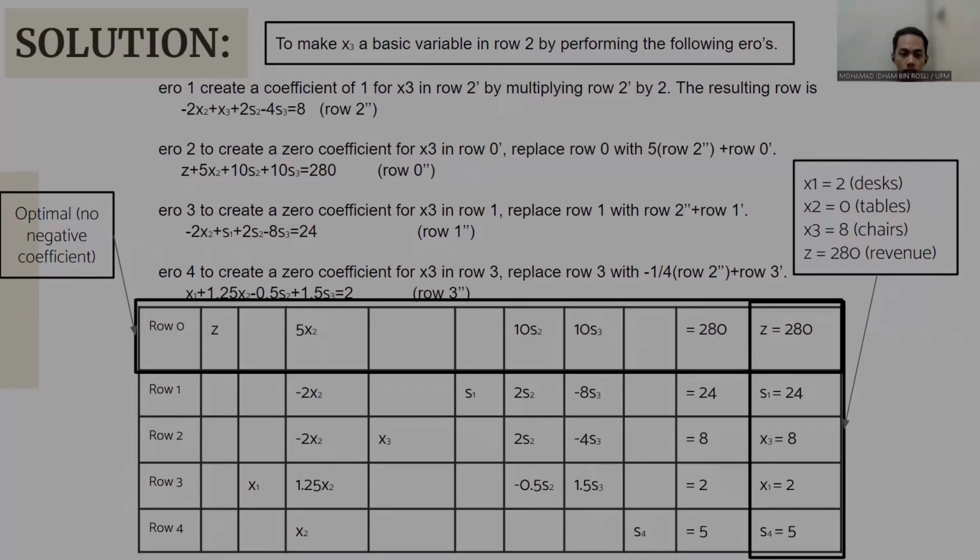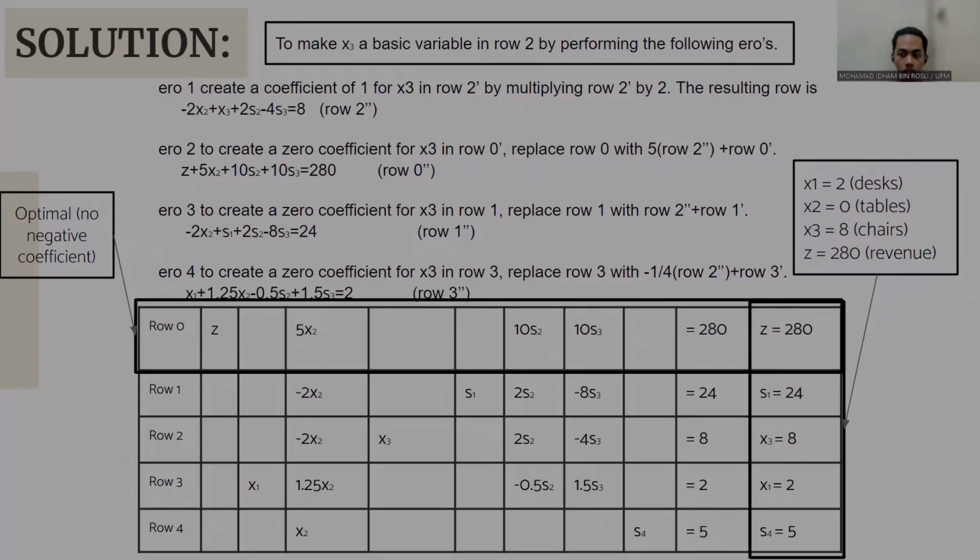Then we get the canonical form as shown below, where there is no negative coefficient left in row 0. This is said to be the optimal solution. With that, we found our answers for x1, x2, and x3.